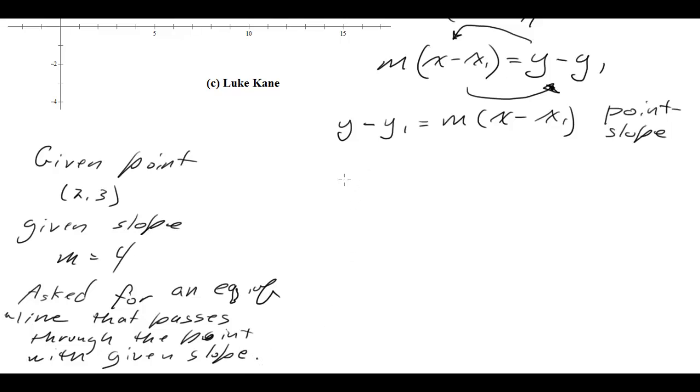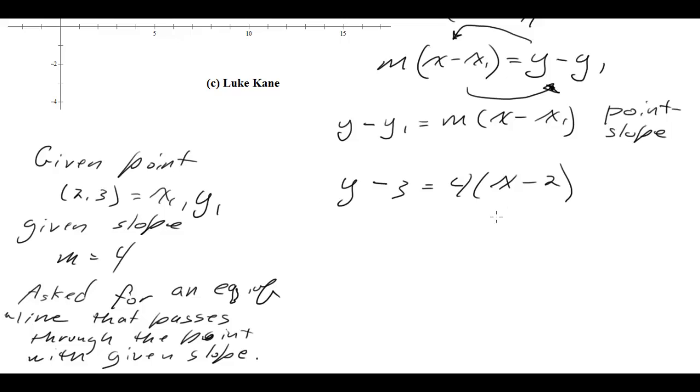So you're going to end up with y minus, well, this can only be x1, y1. There is no x2, y2. So y1 is 3, m is 4, and x minus x1, which is 2.